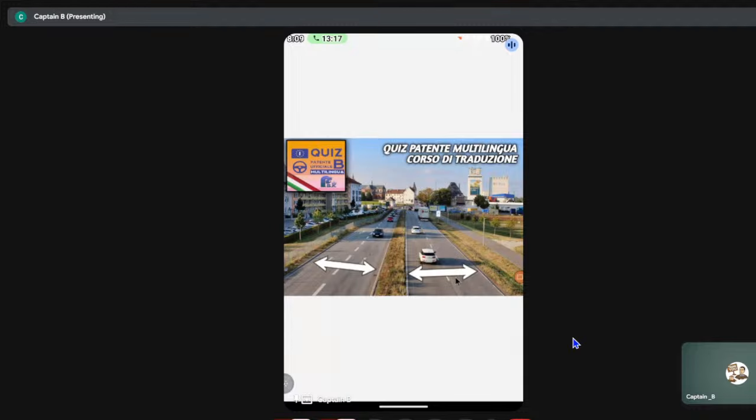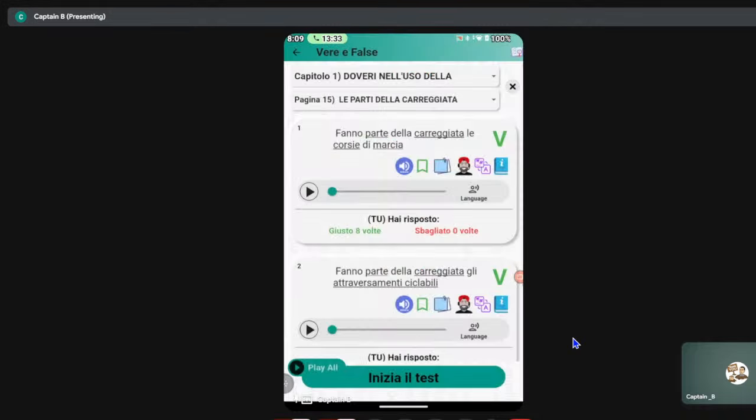Fanno parte della carreggiata, corsia di sorpasso. This is the corsia di sorpasso. Corsia di marcia is the right lane. Corsia di sorpasso is the left lane, all right? So that's what they are saying. Okay, thank you. Welcome.